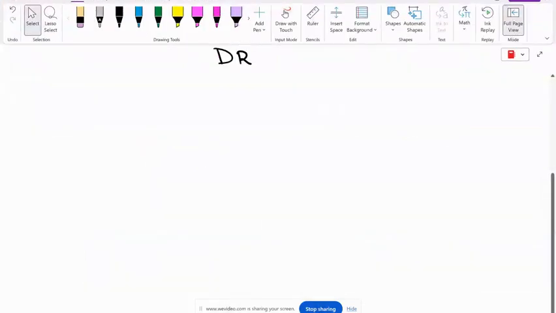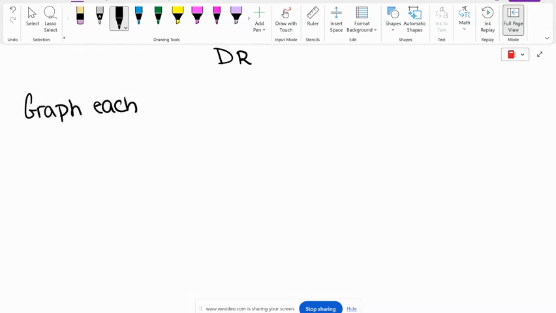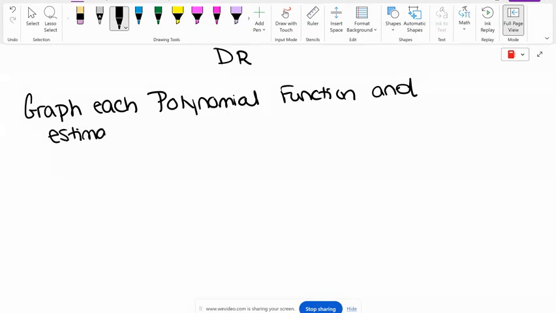Okay, so I'm going to give a problem. I want us to graph each polynomial function and estimate any real roots to the nearest hundredth.